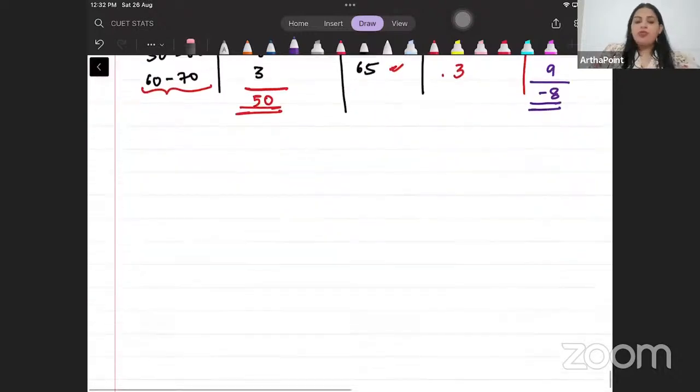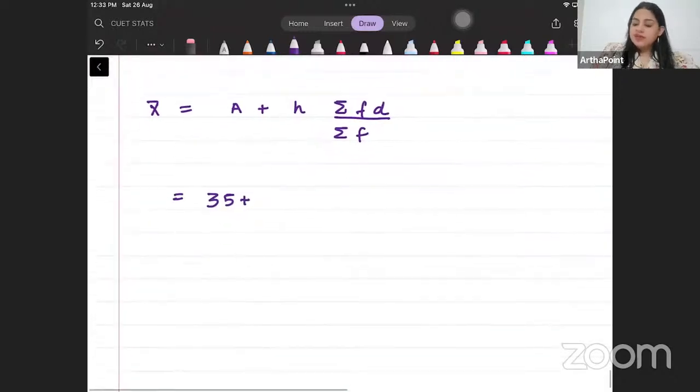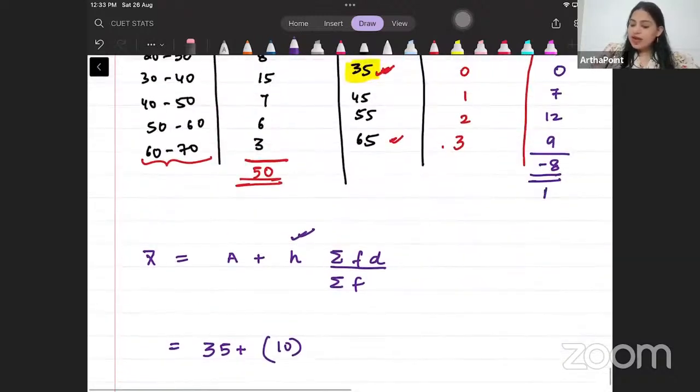ठीक है जी. अब formula में लगा दो. So beta, what is my mean? Mean is A plus H summation FD by summation F. So I had assumed my mean to be 35. The width of the class interval, ये H जो है, this is 10. Summation F into D I found out as minus 8.